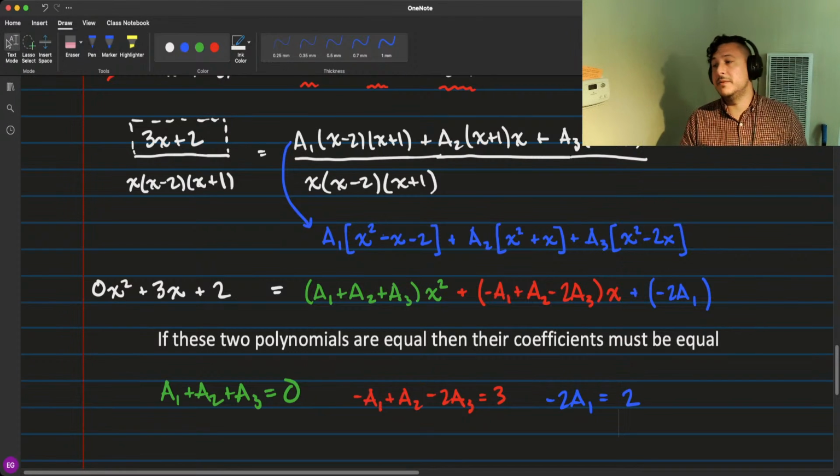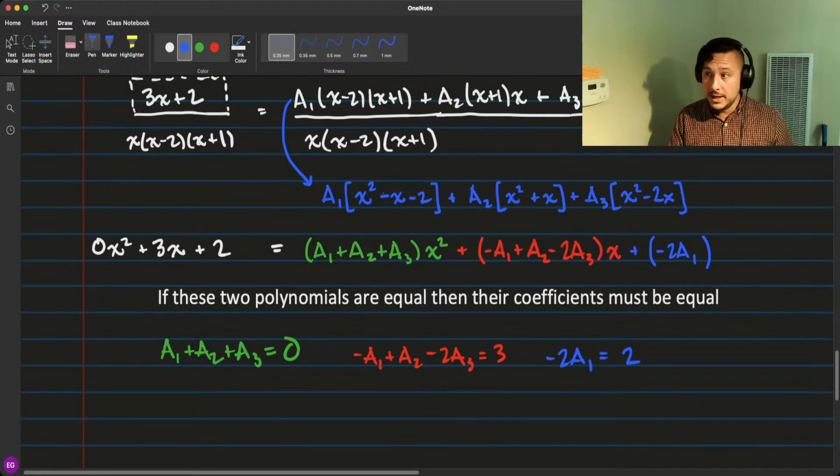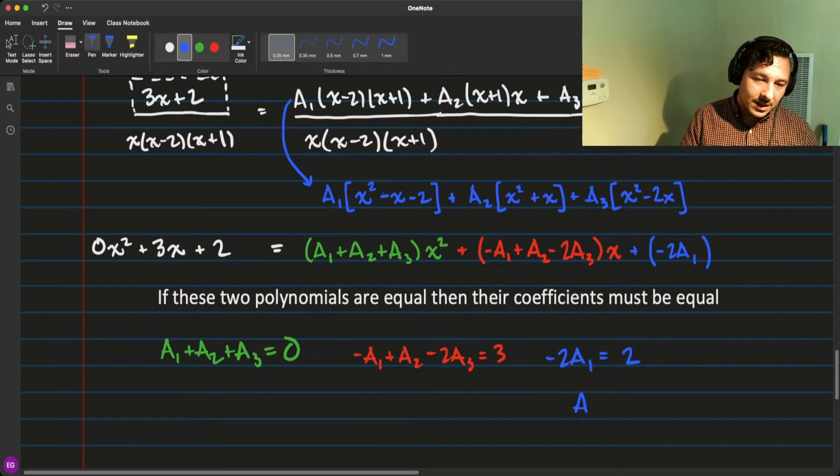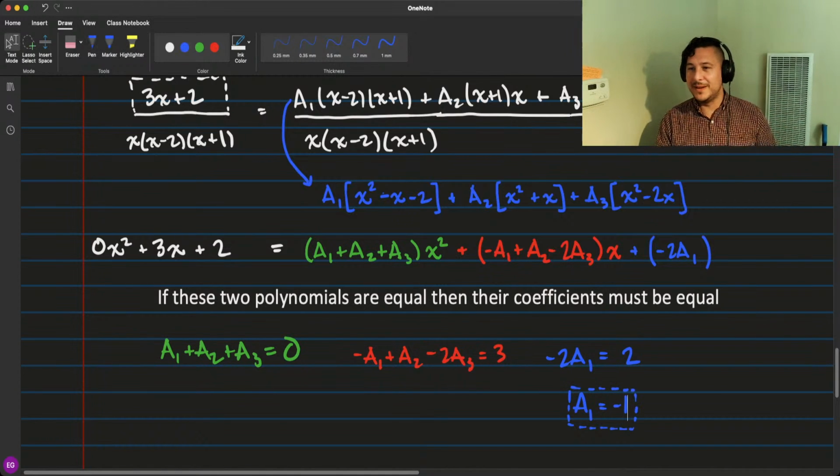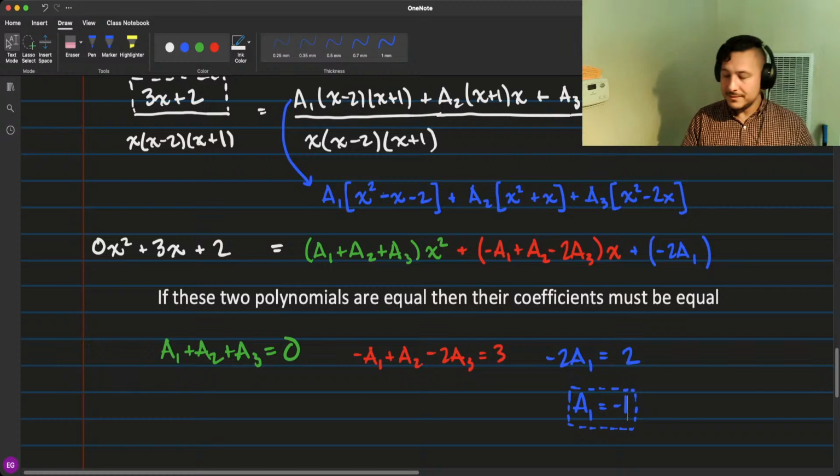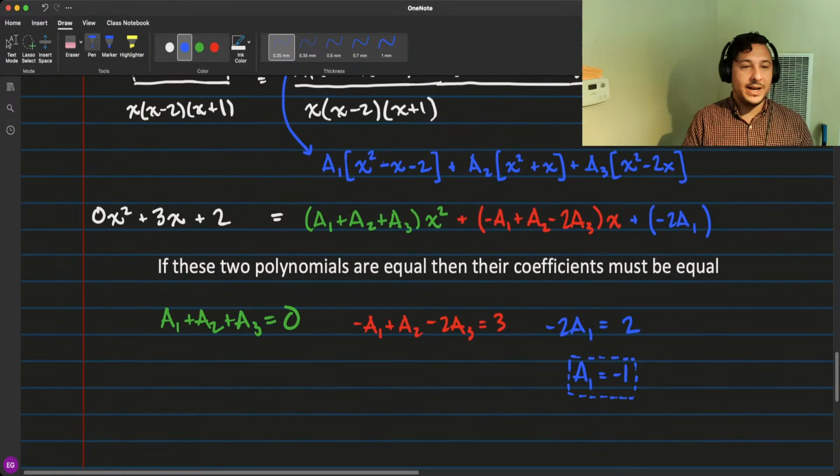Now this is a system of equations which we can now solve, and we'll solve by first getting that a1. We know that a1 is equal to negative 1. Victory so far, right? I've got one. One of them just falls right into place for me. And then we can just solve the other ones by leveraging that fact.